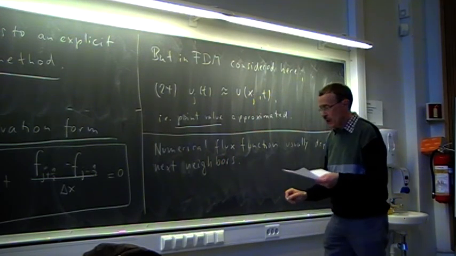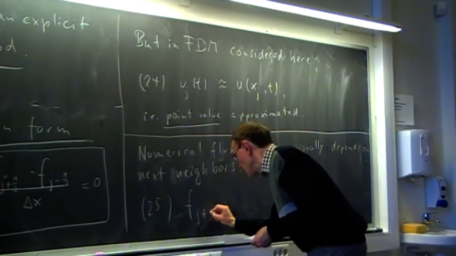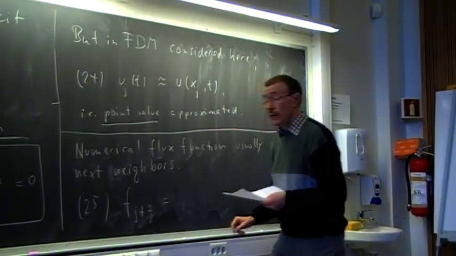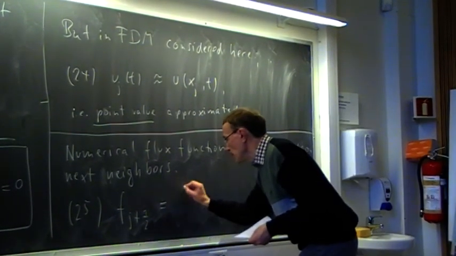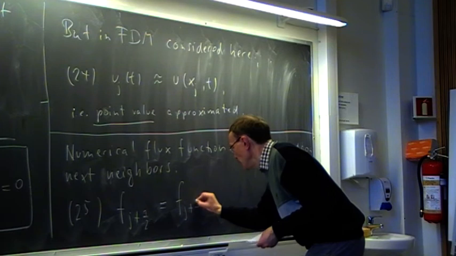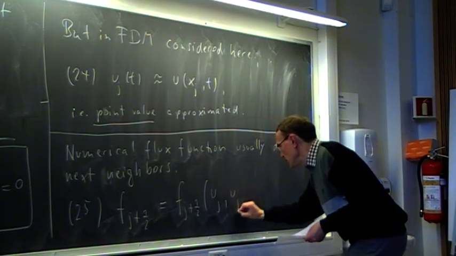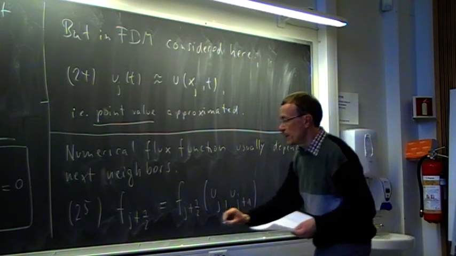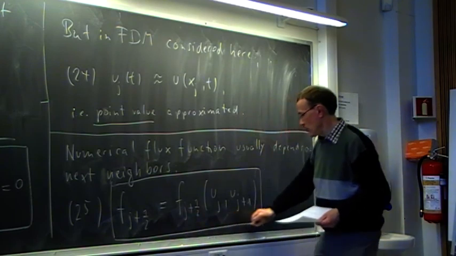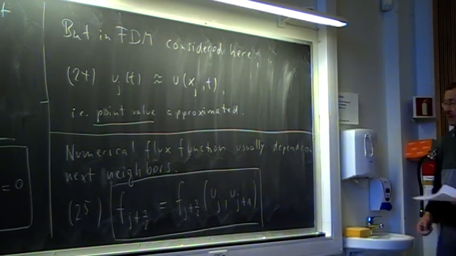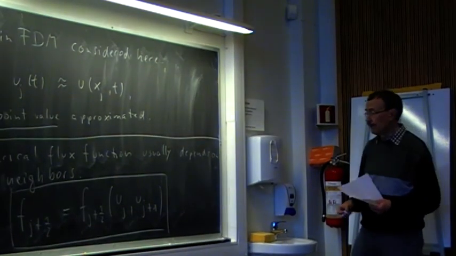And the next neighbors, for the flux function F at j plus 1/2, are uj and uj plus 1. So we write that in this form as a function of uj and uj plus 1. That is what we shall usually observe. We can take more, but this is the most common situation.